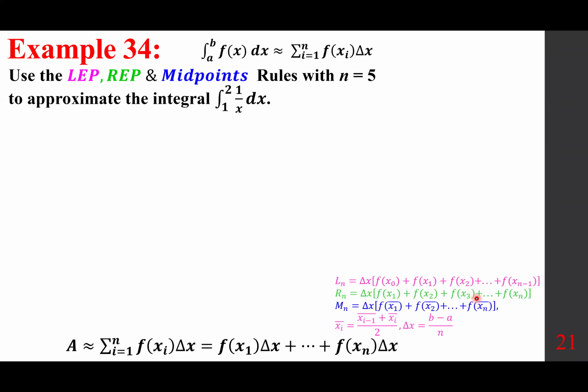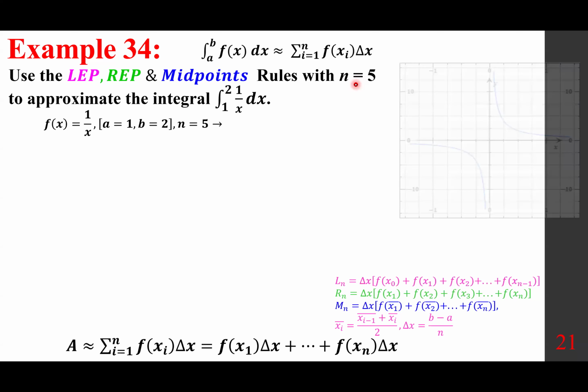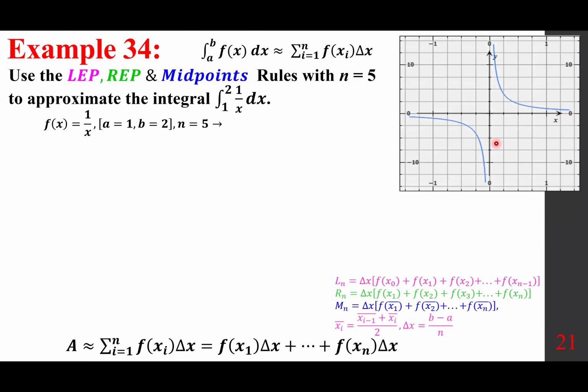Number one, the function is y or f of x equals 1 over x. A is 1, b is 2, and they said n equals 5. And here's the graph of y equals 1 over x. Everybody should be familiar. And we want to go from 1 to 2. And that means we want this area.